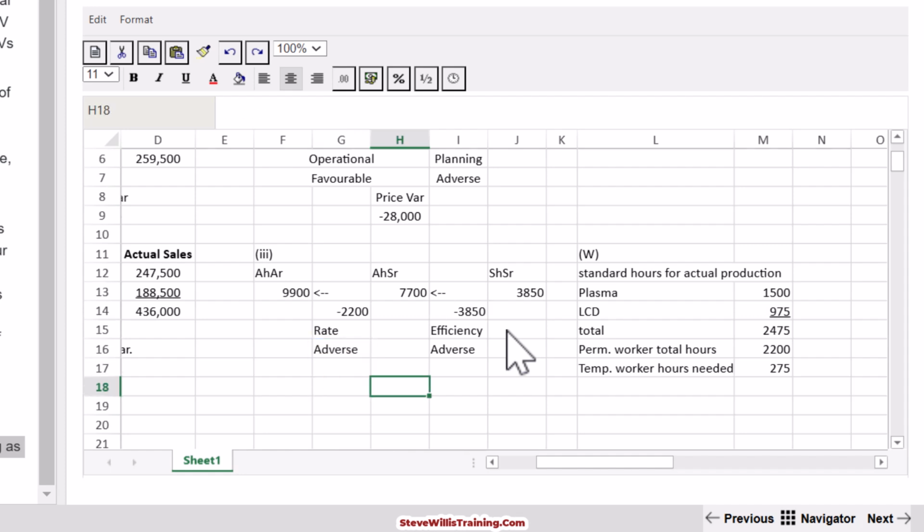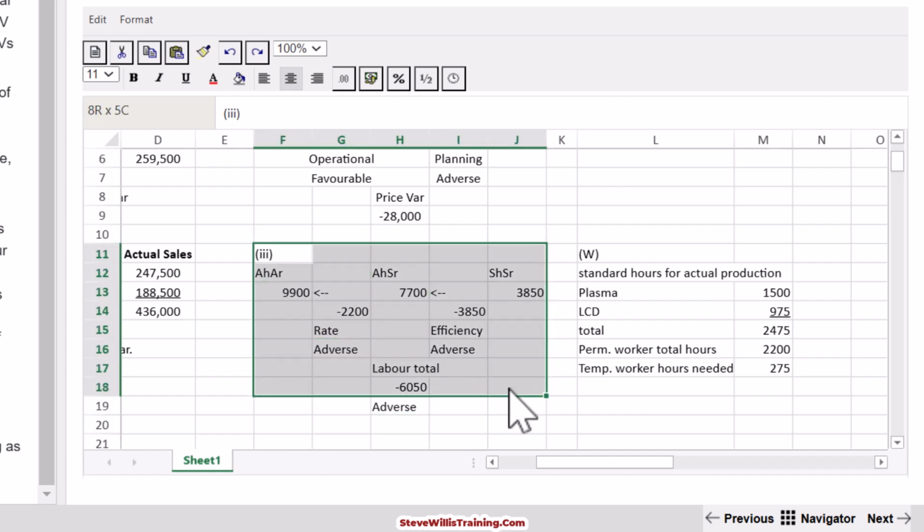And if we did that correctly, that one plus that one should be equal to this number here, 6,050 adverse, and it is. Isn't that awesome? So again, I'm confident my numbers are correct.